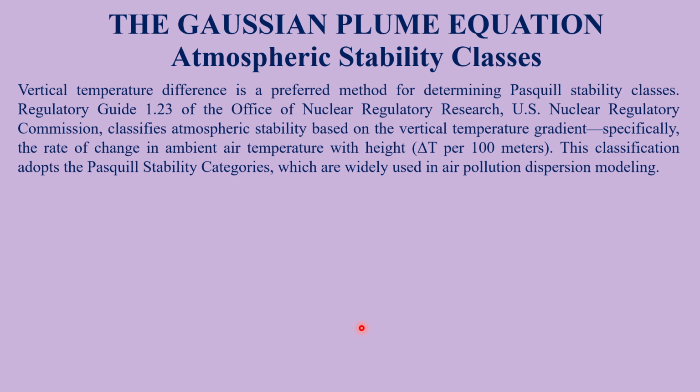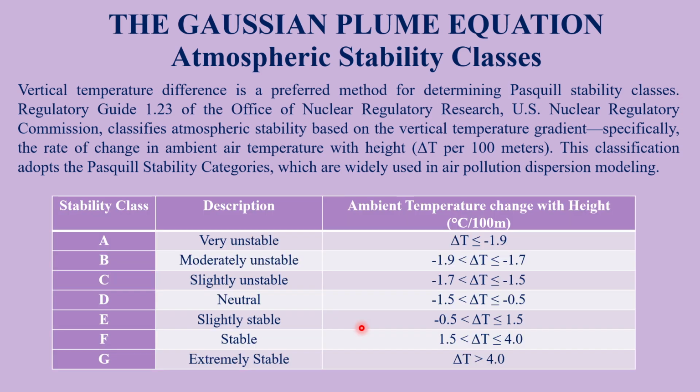Now, atmospheric stability classes can be determined based on the vertical temperature difference, that is rate of change in ambient air temperature with height, that is del T per 100 meter.